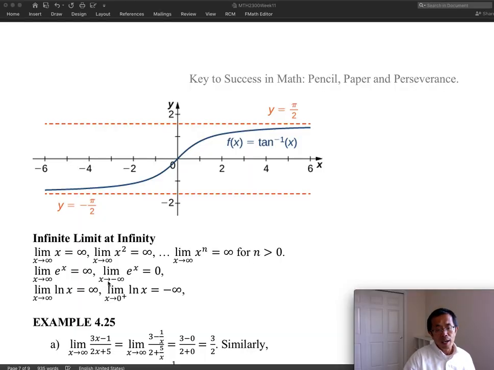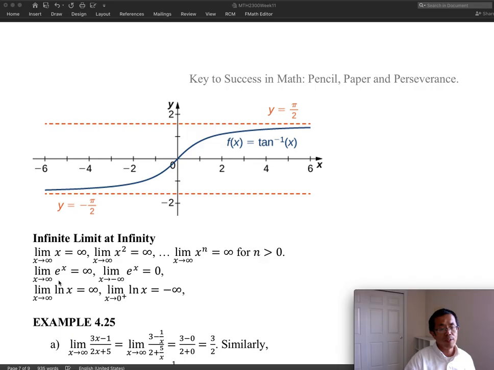Well, you will have to keep in mind that this time we are considering e to a negative power, which really means we can change this power to positive and put the entire exponential in the denominator. 1 over e to some positive power. But the power is getting bigger and bigger. It's just like 1 over infinity. So the limit turns out to be 0.